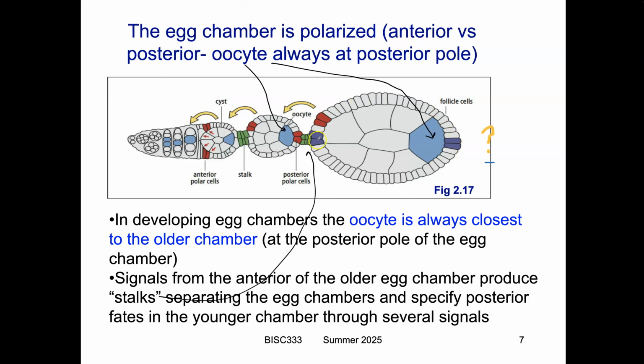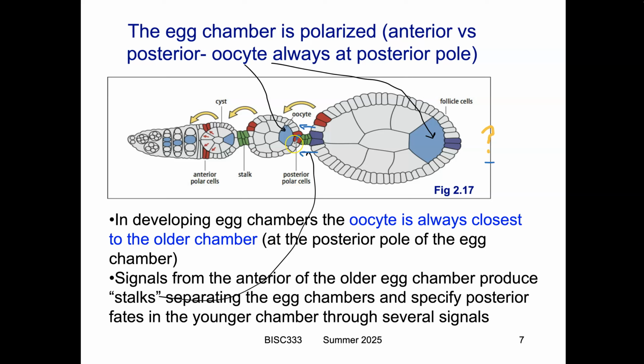But once you have one egg chamber formed, the anterior part of the older chamber signals to the younger egg chamber ahead of it to specify the posterior end.